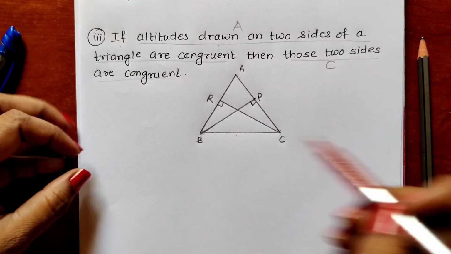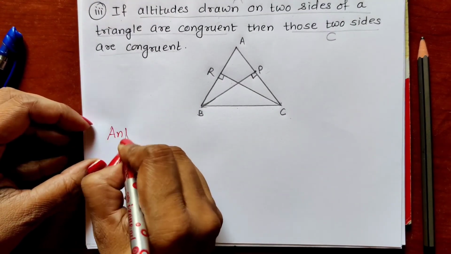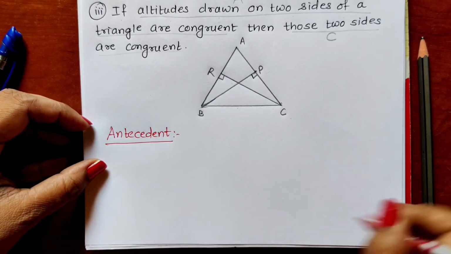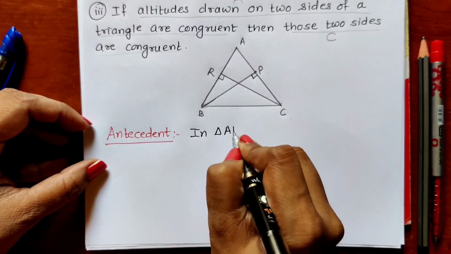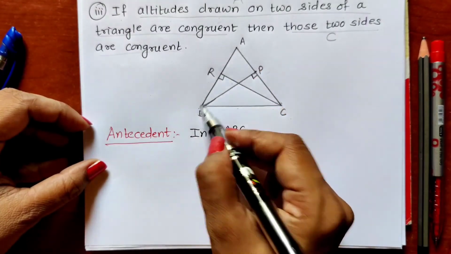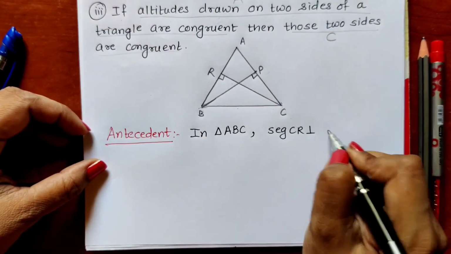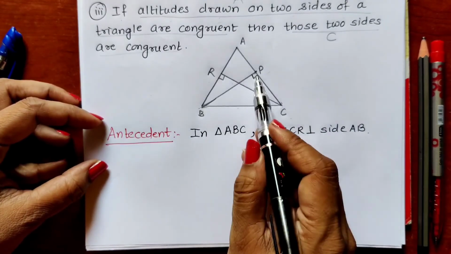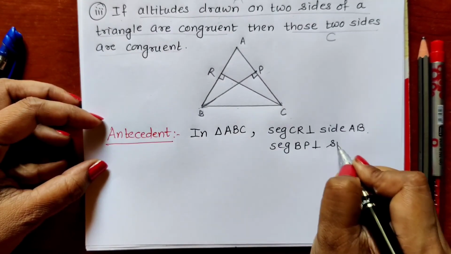This is given. So this given part should be written in the antecedent. So in antecedent, we have to write given antecedent. What is given? We have given that in triangle ABC, this altitude CR is perpendicular on side AB. So seg CR perpendicular side AB, and seg BP perpendicular side AC.